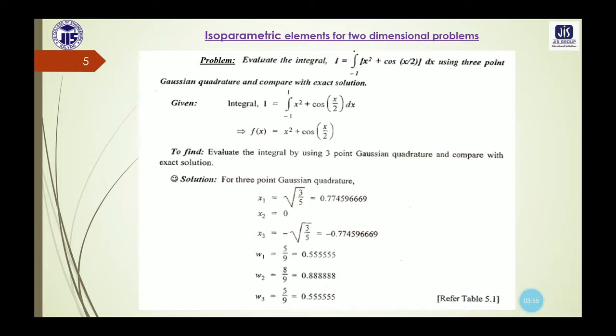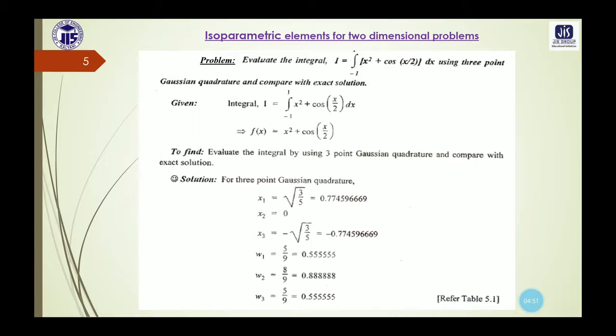It is given that we need to evaluate the integral I equals the integral from -1 to 1 of (x squared plus cos x) by 2 dx using 3-point Gaussian quadrature, and compare with the exact solution. So here we write that f(x) equals (x squared plus cos x) by 2. This is the value of f(x) given in this numerical. We need to evaluate the integral using 3-point Gaussian quadrature and compare with the exact solution. Here the number of sampling points is given as 3.